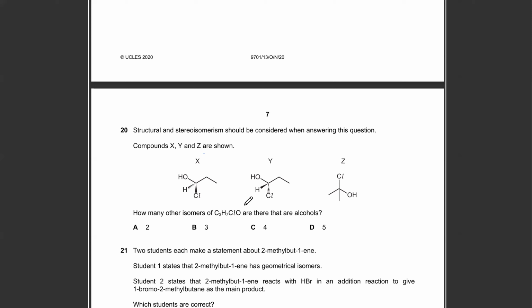So three carbons. You can't really have branch isomers, right? How did he create a branch over here? No, that's not a branch. That's just three carbon atoms in a line.